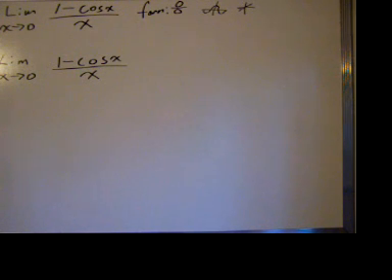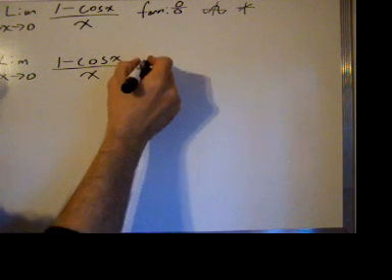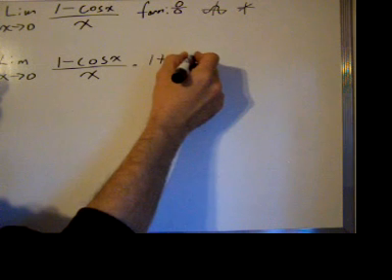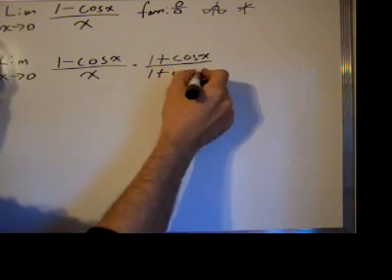At least it won't hurt to see if something pops out when I do it. So that's the best suggestion I can give you of why I chose to multiply by 1 plus the cosine of x over 1 plus the cosine of x.